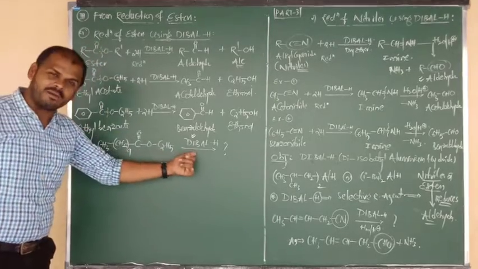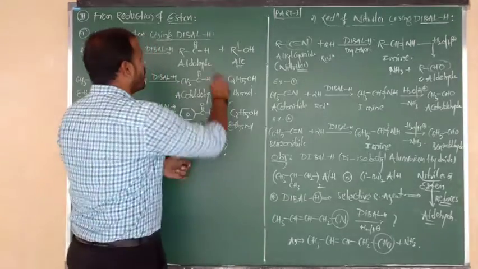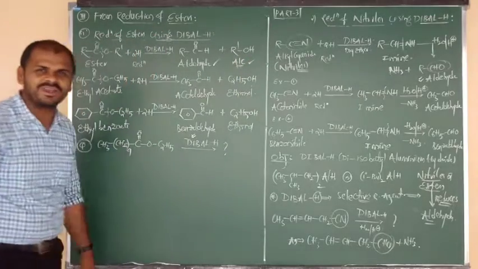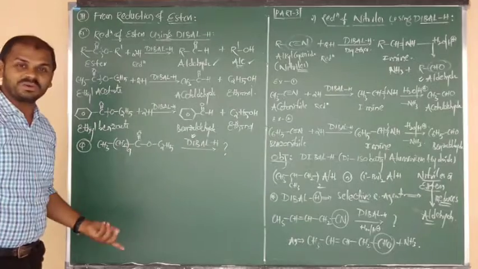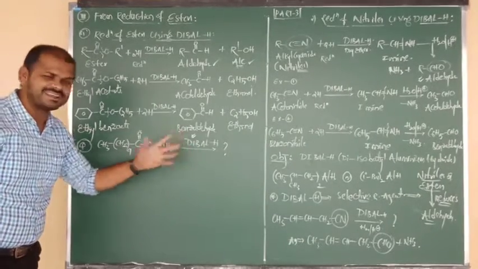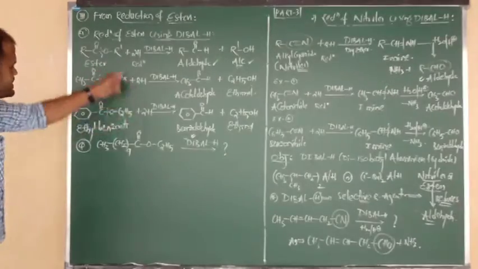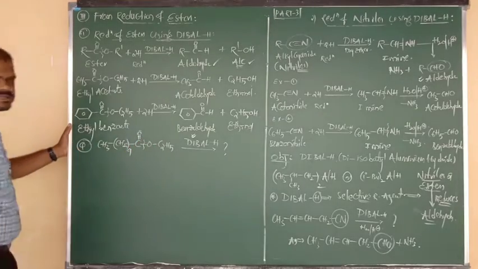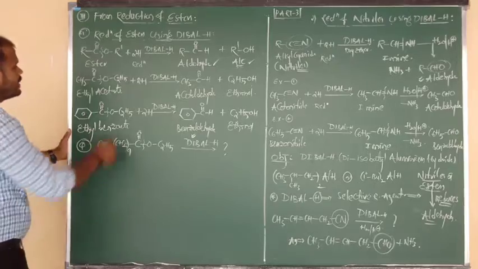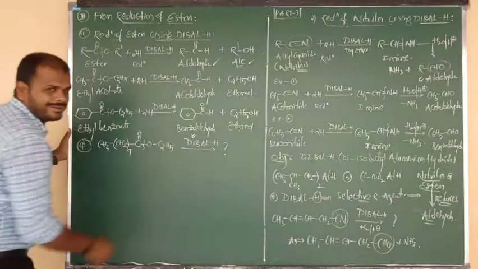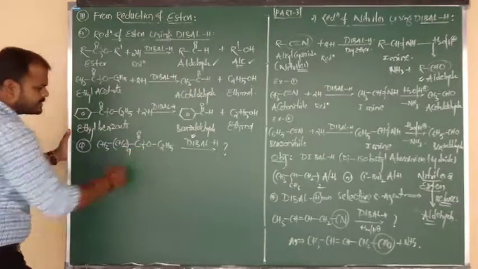Esters upon reduction by DIBAL-H always give two products, one is aldehyde, one more is alcohol. So what is the aldehyde and what is the alcohol? Here we are getting alcohol easily: C2H5O minus undergoes change into ethyl alcohol, same as above. So bond breaking takes place here, same in all cases. The first part changes into aldehyde, where on the C double bond O group H addition takes place.